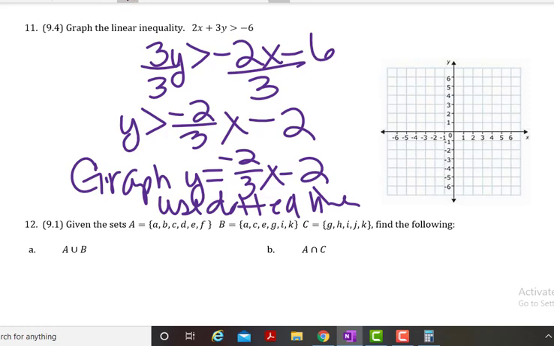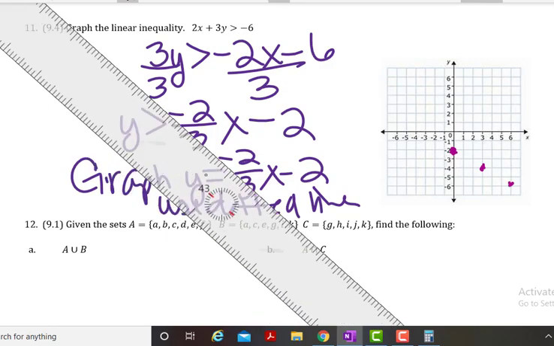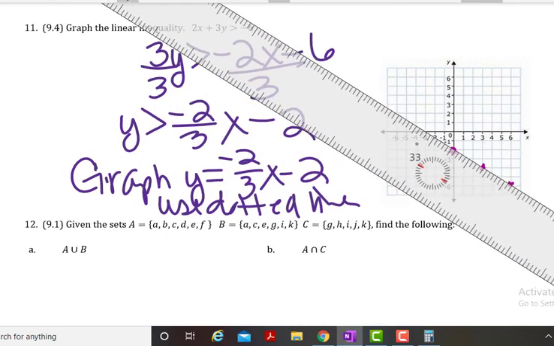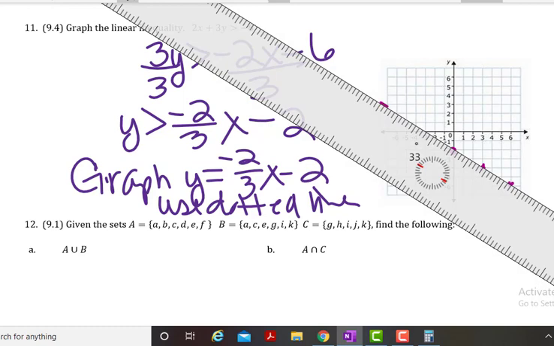All right, so first I'm going to plot the y-intercept, and then I'm going to use the slope. I'm going to go down 2, to the right 3, and then I can go down 2, to the right 3. Grab my ruler, use a dotted line.